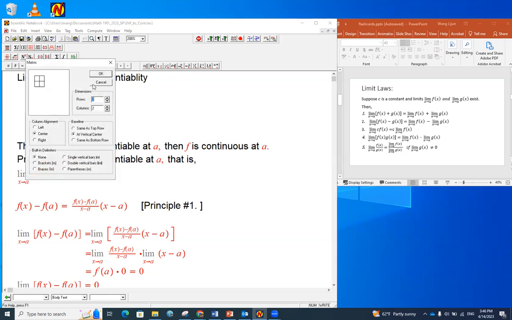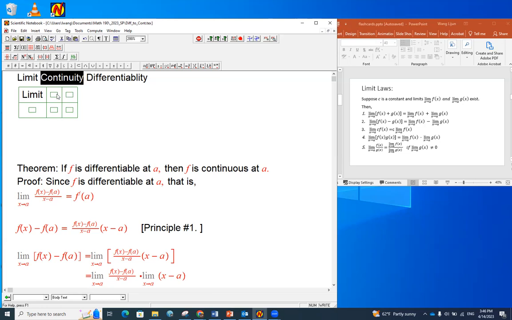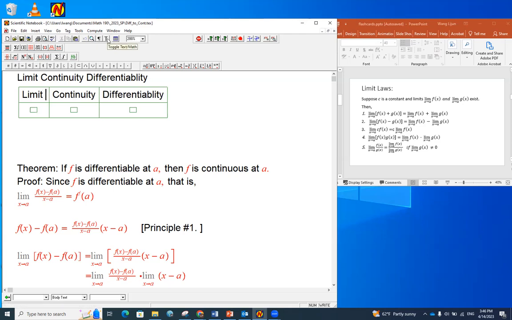When we look at all three, I'm going to make a table for us to see clearly the relationship. A limit at A, continuity, and differentiability, all at A. I want to have a complete narrative for these three very important concepts.